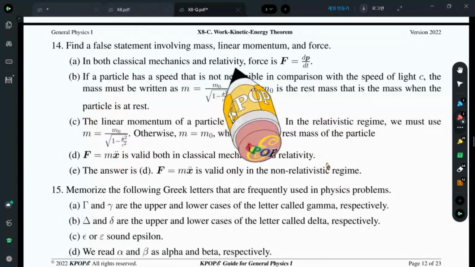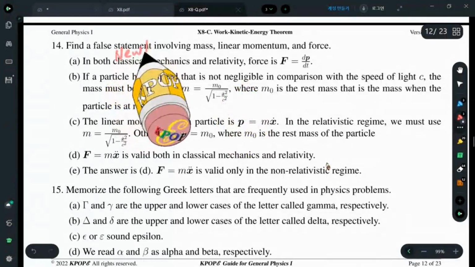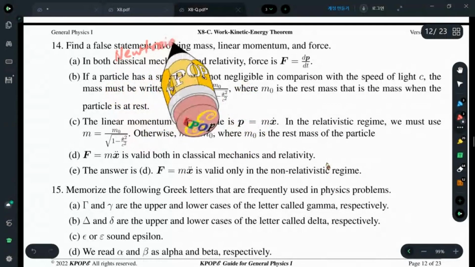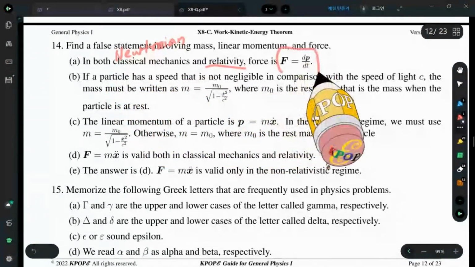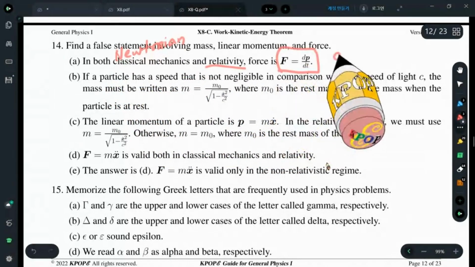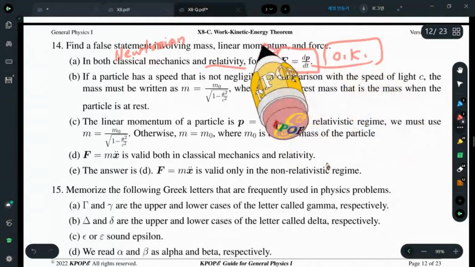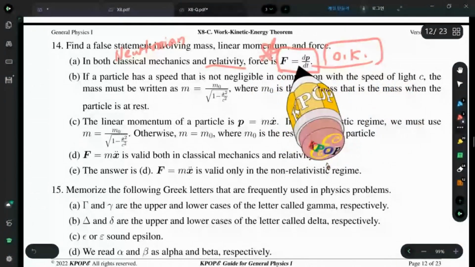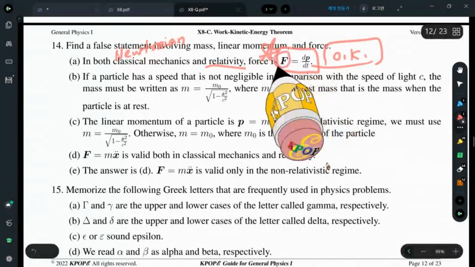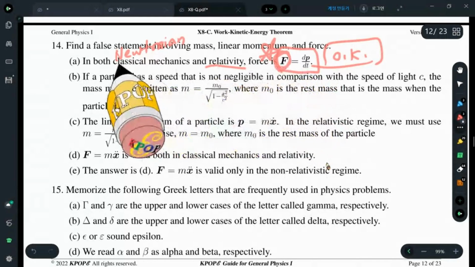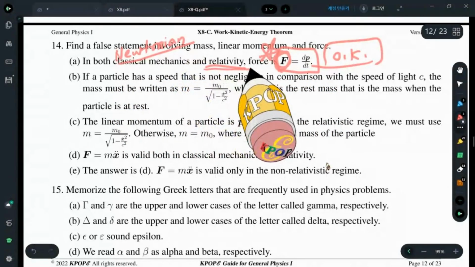Both classical mechanics, which is Newtonian mechanics, and Einstein's relativity express force. Okay, that's right. Very important: the time derivative of linear momentum is force. This is correct both in Newtonian mechanics and in Einstein's relativity.